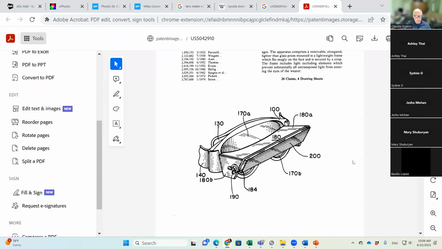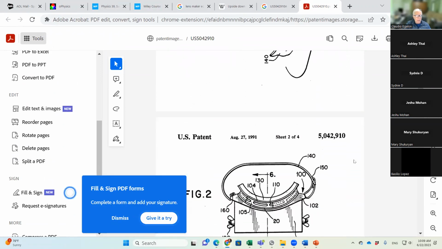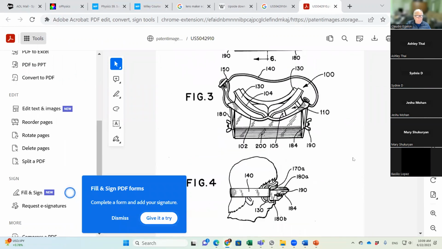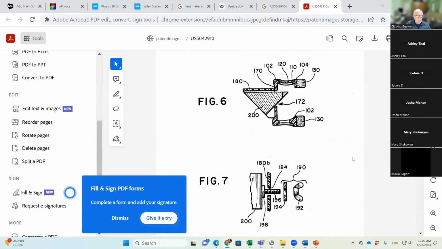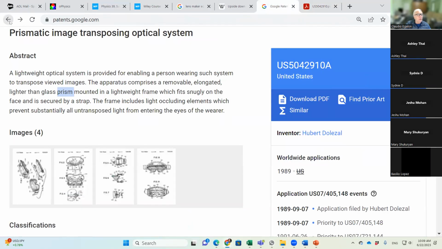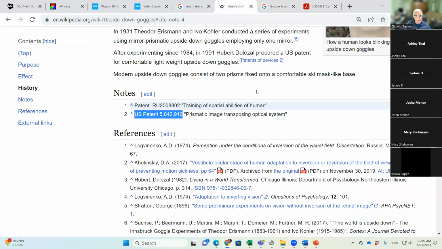So it's a prism. Here you go. Here's the prism. Looks like that's the prism. So it's not a lens. The one for the lens should be the Russian patent. But I don't think we are going to find the Russian patent easily.